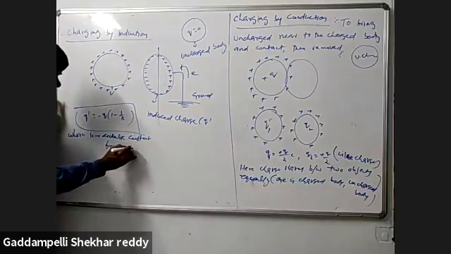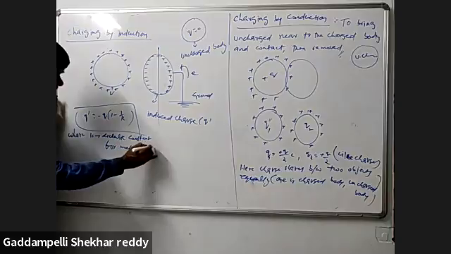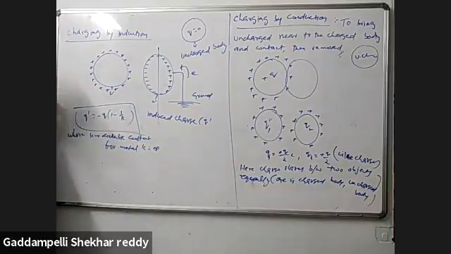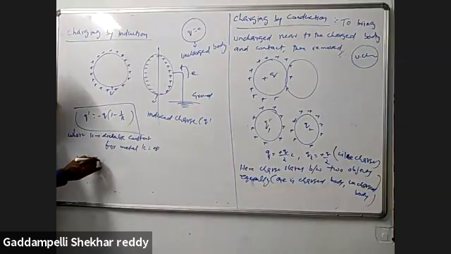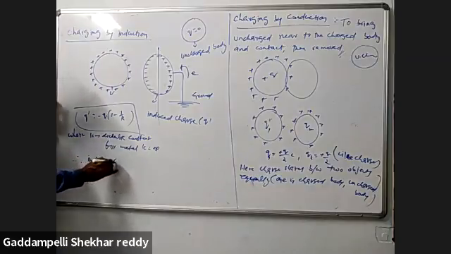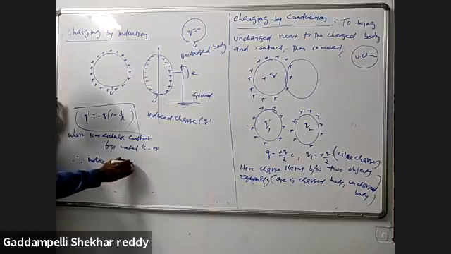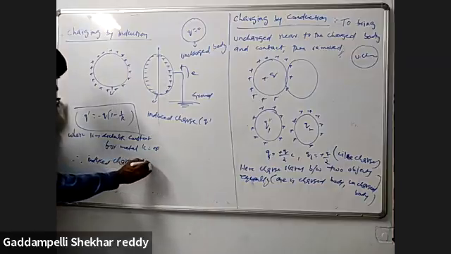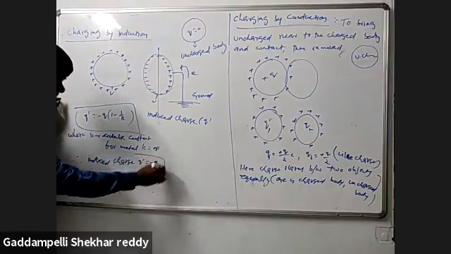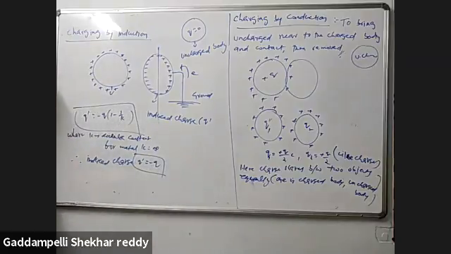For metals, K is equal to infinity. Therefore the induced charge Q dash is equal to minus Q.